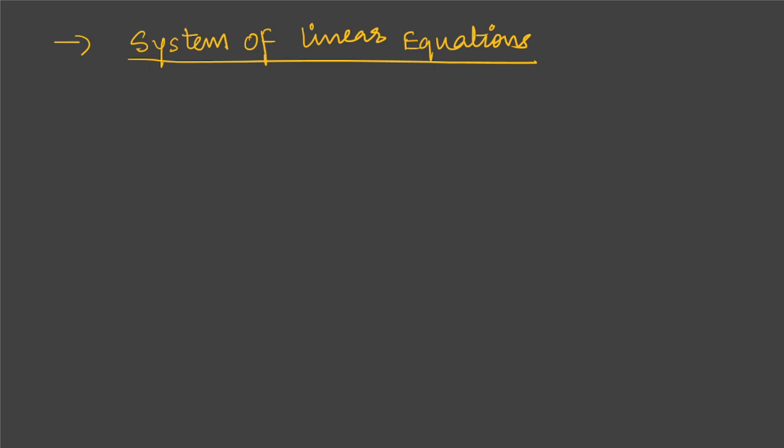You will see that most of the physical problems, after particular operations, end up converting into a system of linear equations. So if you know how to solve a system of linear equations, it becomes easy for you to tackle that. That is why we are studying systems of linear equations. And what other benefits there are for this, I am going to tell you later once we proceed and advance in this course.